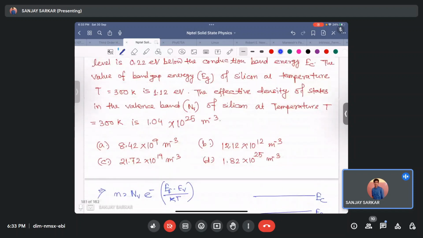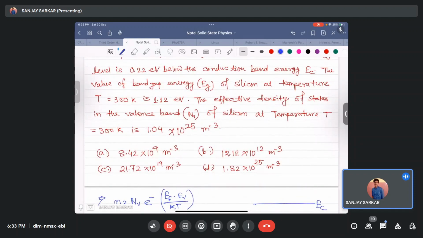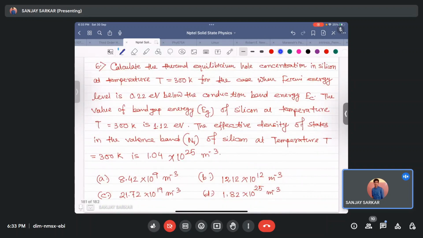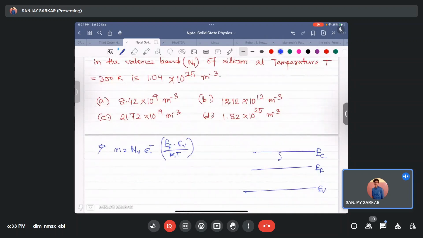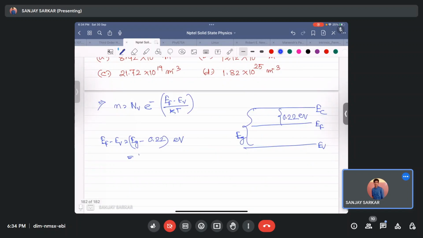In the question the value of band gap energy is given. The Fermi energy level is 0.22 electron volt below the conduction band energy. So this value is 0.22, and the total EG is also given. So EF minus EV will be EG minus 0.22 electron volt, and EG is 1.12. So 1.12 minus 0.22, it will be 0.90 electron volt.